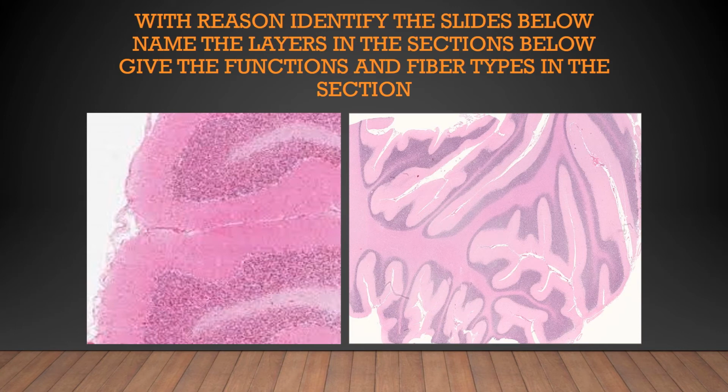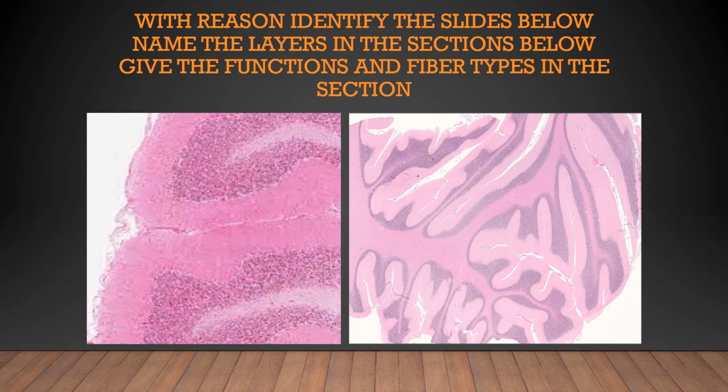So the layers of the cerebellar cortex are the molecular layer, which contains stellate and basket cells. Then you have the Purkinje layer, which contains Purkinje cells, and it's a single layer. And then you have the granular layer, which contains small granule cells, which are actually the smallest cell in the body, and Golgi type 2 cells.